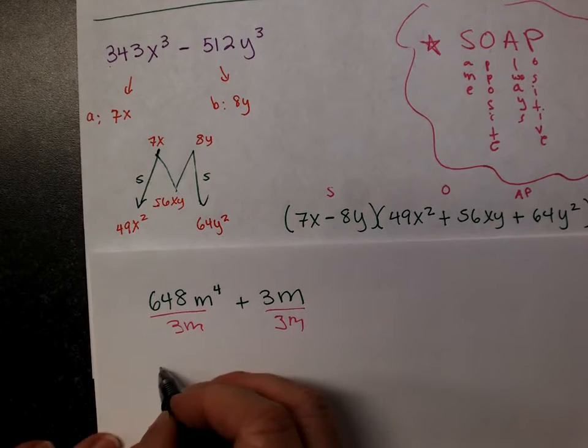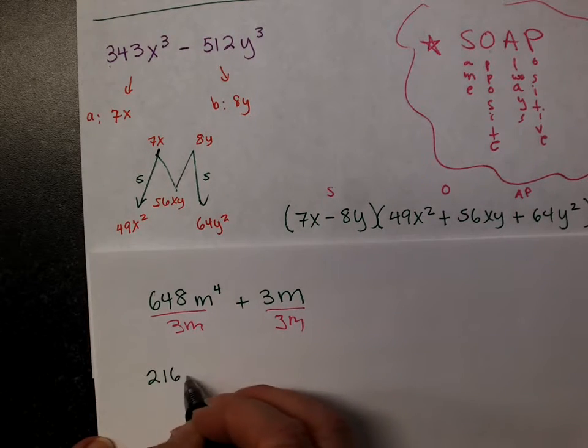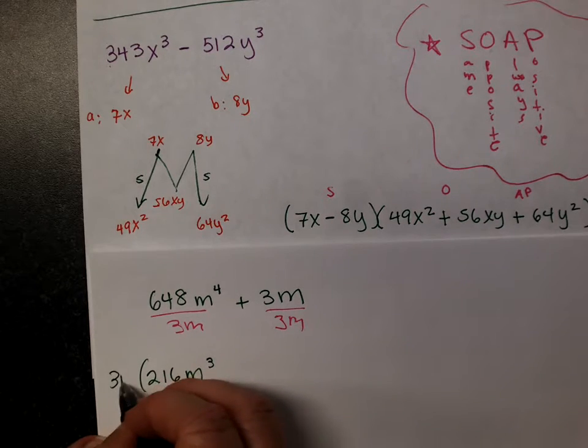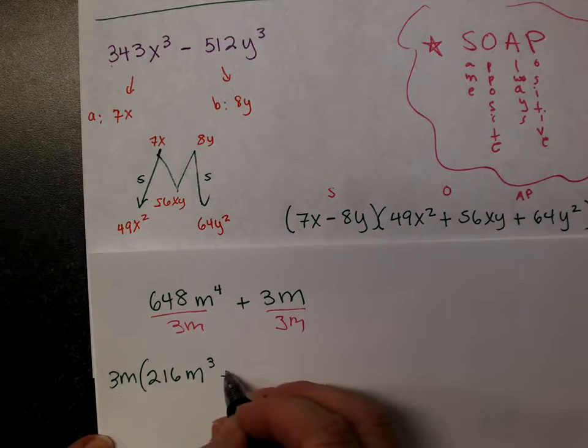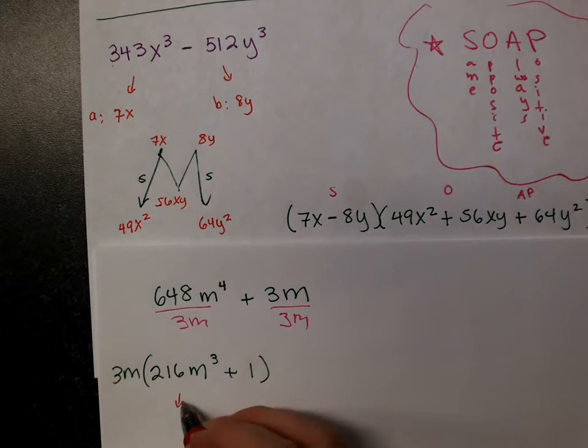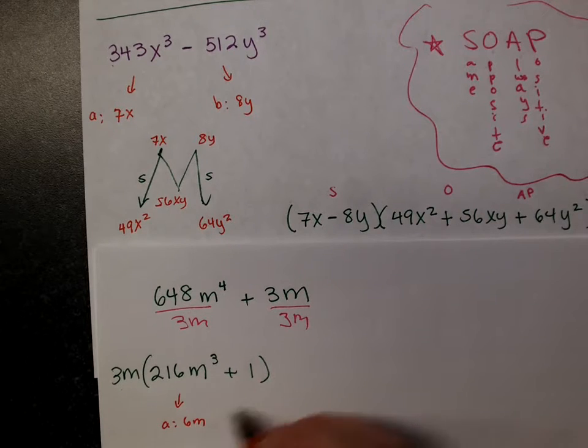So that means 216m cubed. Don't forget that this is part of your answer. Plus 1. So A is 6m.